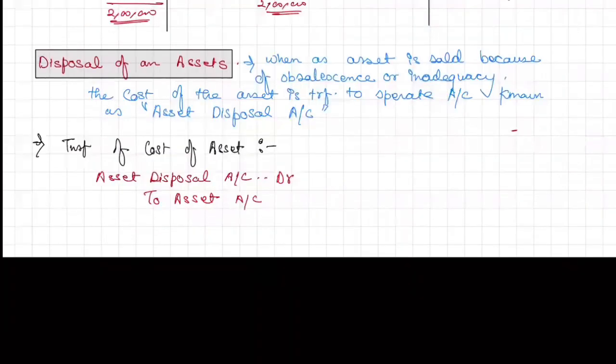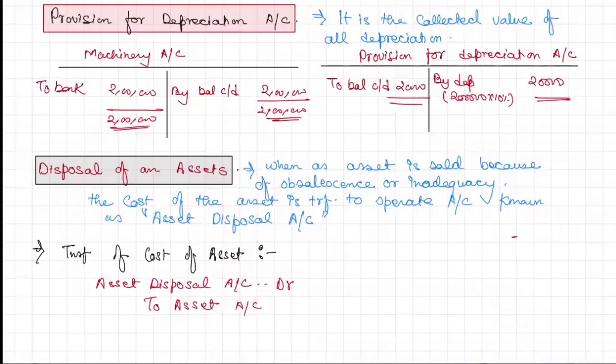Okay. Now on this asset, whenever depreciation has been provided, we know that whenever a provision for depreciation account is there, it will move to the provision for depreciation account only.